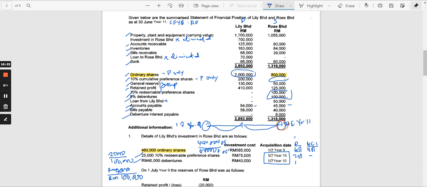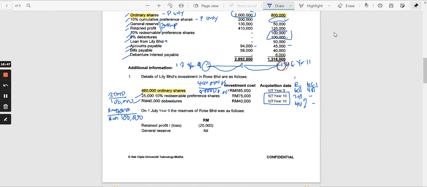Here it is 40%, and again there is no non-controlling interest because the remaining belongs to the other redeemable preference shareholder, as well as the debenture holder. The one acquired by the parent is just 40% and 25% accordingly.